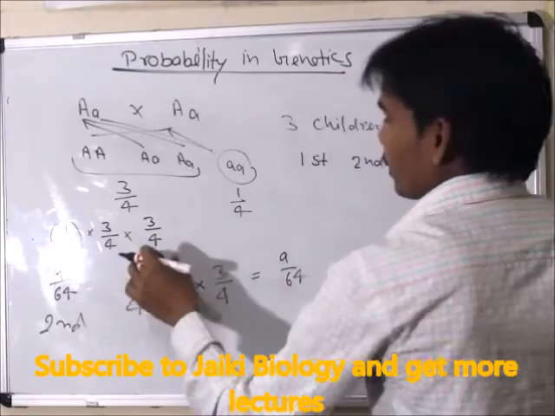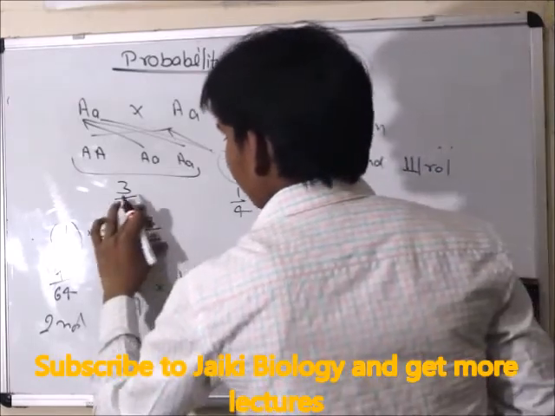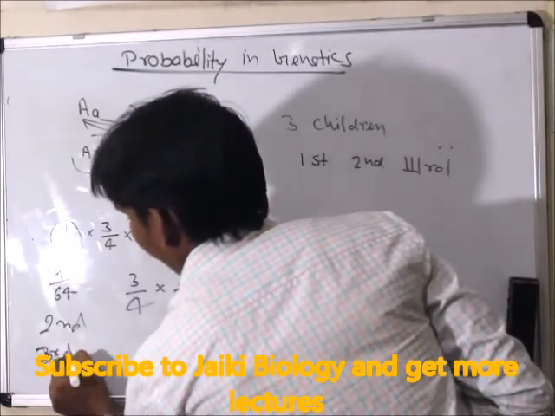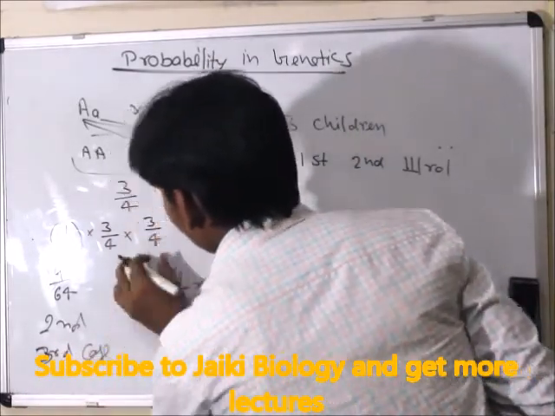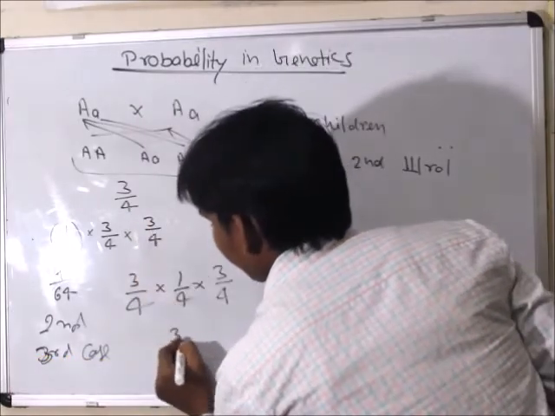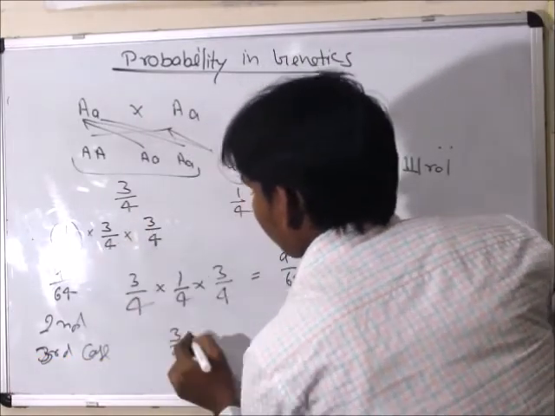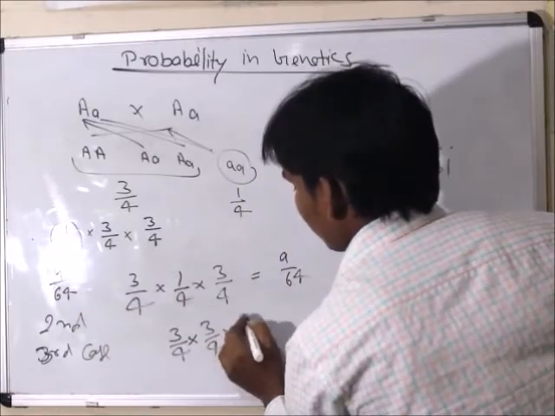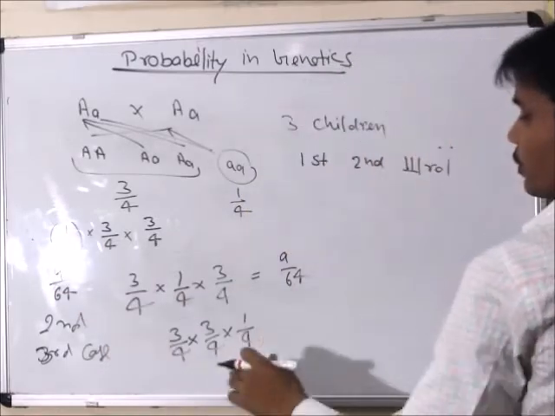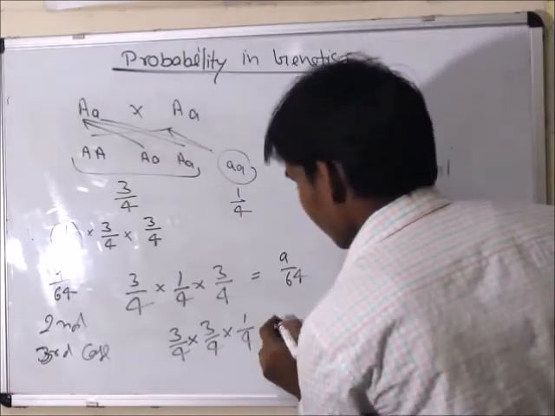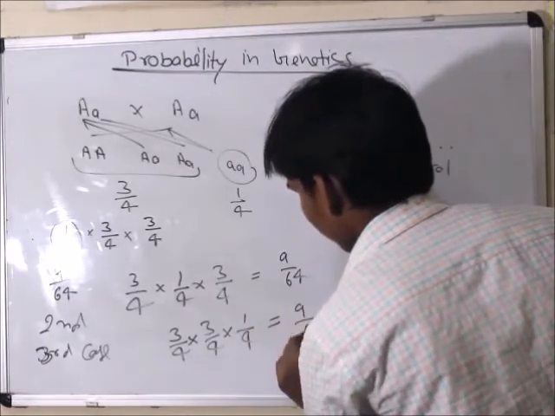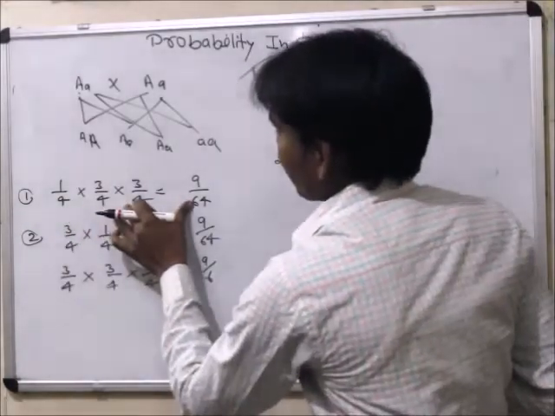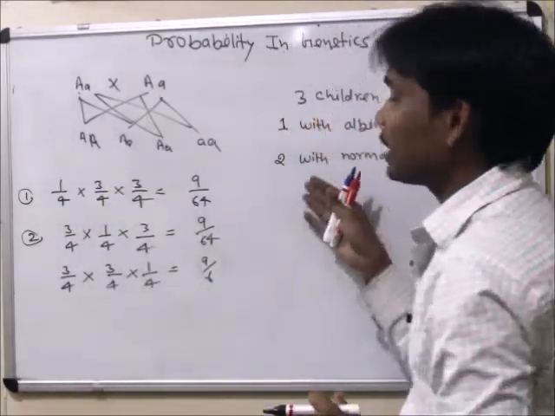Again, in the third case, 3 by 4 times 3 by 4, and the last would be 1 by 4 to come out with the disease, albinism. That is 9 by 64. So this is the sequence of events for the disease albinism to occur.